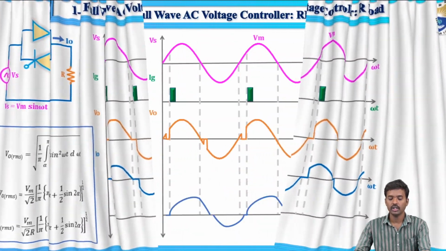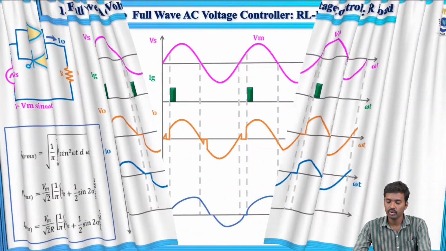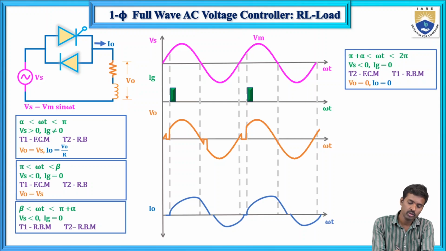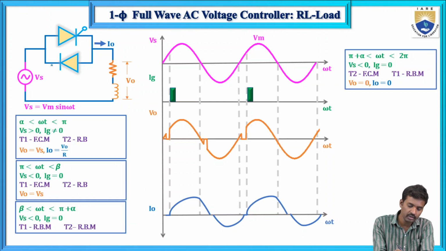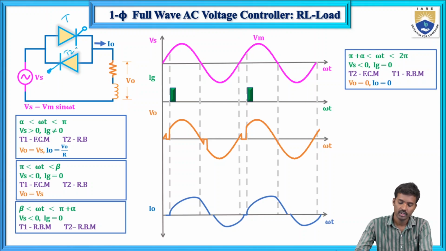And now, single phase full wave AC voltage controller with RL load. This is the thyristor. Here T1 and T2 thyristors will conduct.